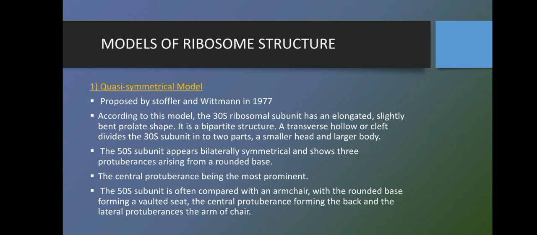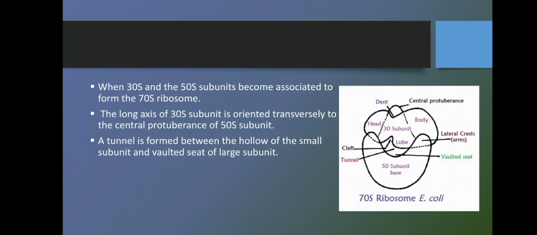The 15S subunit is bilaterally symmetrical and shows three protuberances arising from a rounded base, the central protuberance being the most prominent. The 15S subunit can be compared with an armchair. Its rounded base forms the vaulted seat and the central protuberance forms the back, and the lateral protuberance is compared with the arm of the chair.